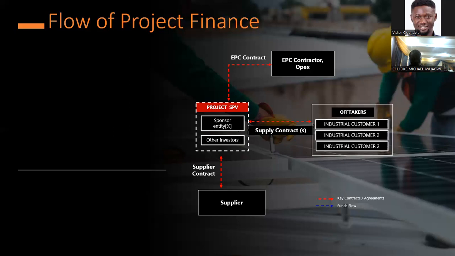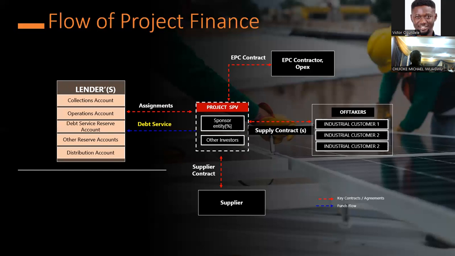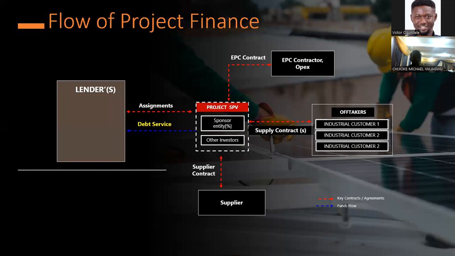Once you have these three sections ready, that is when you proceed to the debt part. You now need to identify your lenders. Say 10% is financed by sponsor equity and other investors. Out of 100 billion, you take 10% of it. Then the remaining, which is 80%, will be funded by lenders.